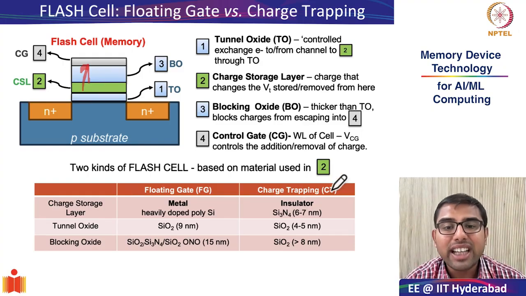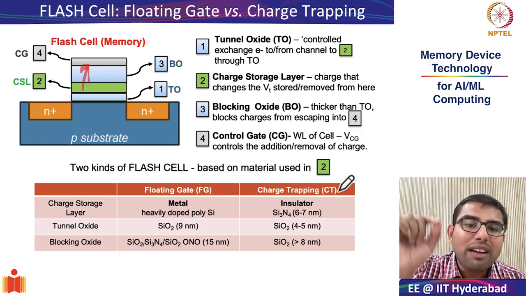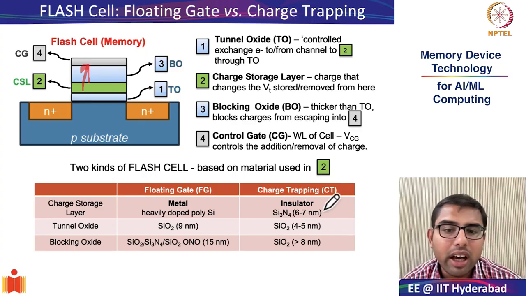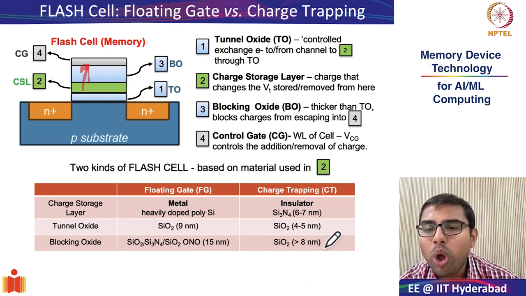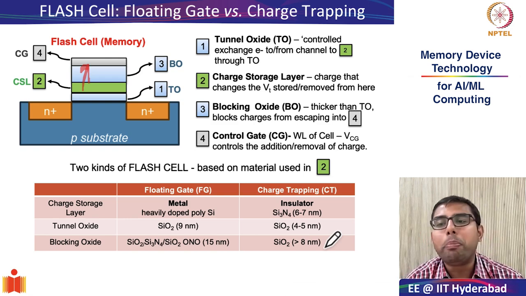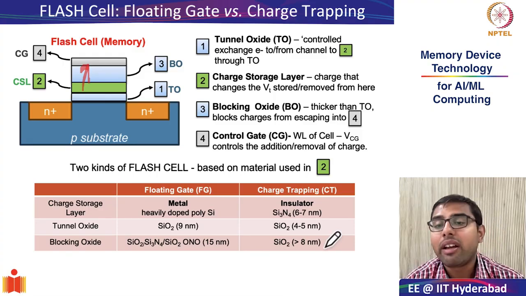However, since in charge trapping flash cells, that is not really a constraint because the insulator itself is a silicon nitride layer, such important considerations are not required, and therefore just 8 nanometers of SiO2 itself can serve as a good barrier layer. So this ONO blocking oxide is not always needed.